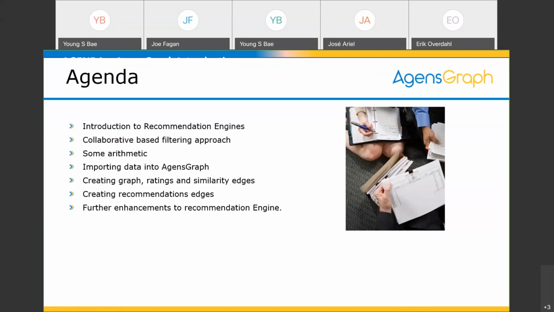Then we're going to look at some arithmetic just to see how things are calculated. And then we'll import some data into AgensGraph, which is very similar to what Aya did last week in webinar number 2. Then we'll create a graph, we'll create ratings and similarity edges, and then finally we will create the recommendations and suggest further enhancements to recommendation systems.